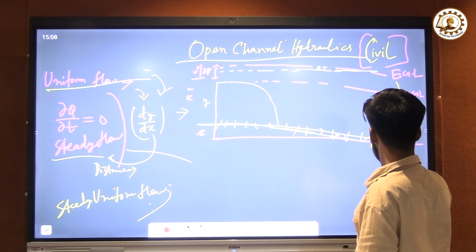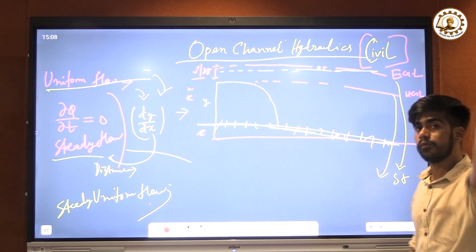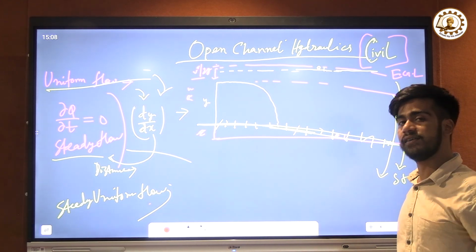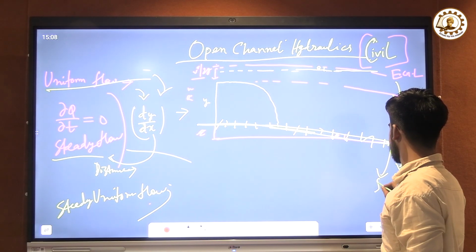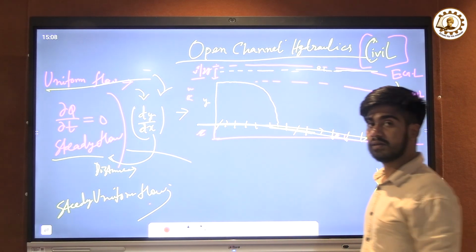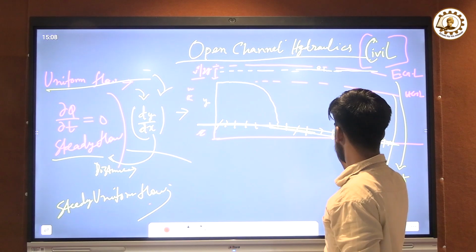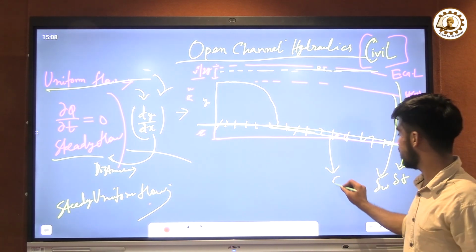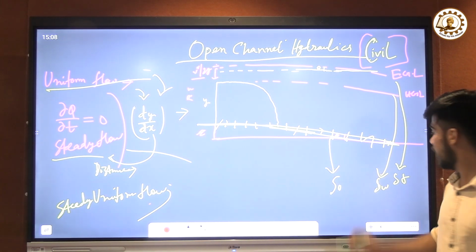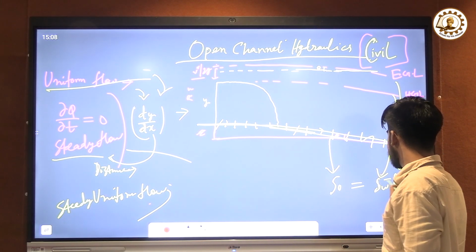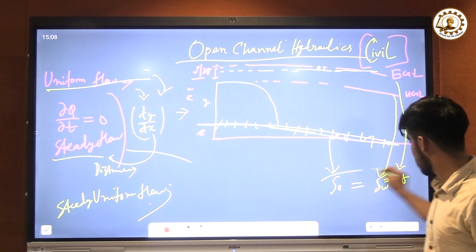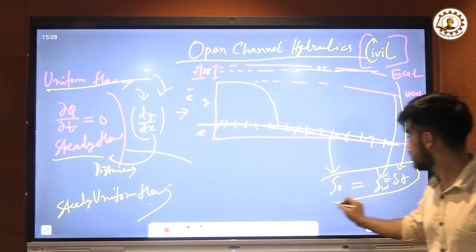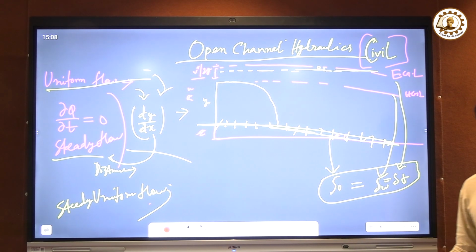The slope we get due to the hydraulic grade line is called SW, or water surface slope, and the slope we get due to the bed is called S0, which is the bed slope. Now for a perfectly ideal rectangular uniform flow, these three values will always be the same.